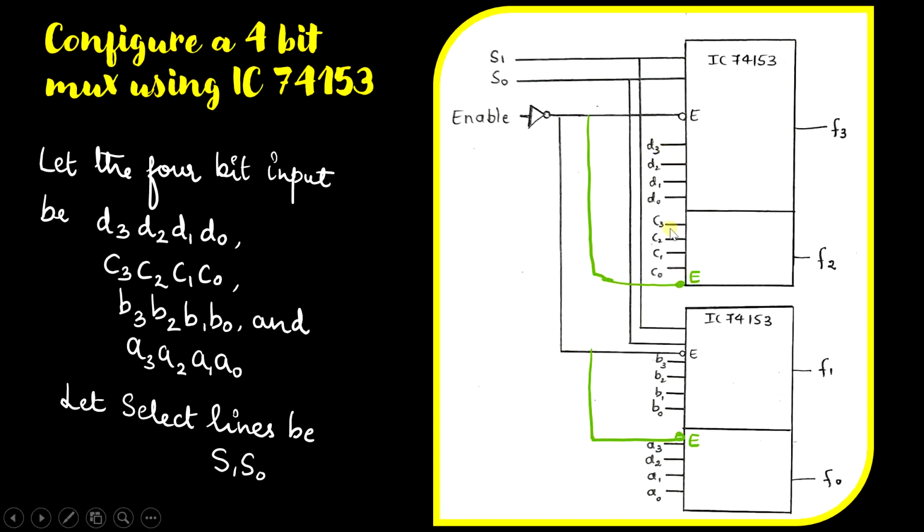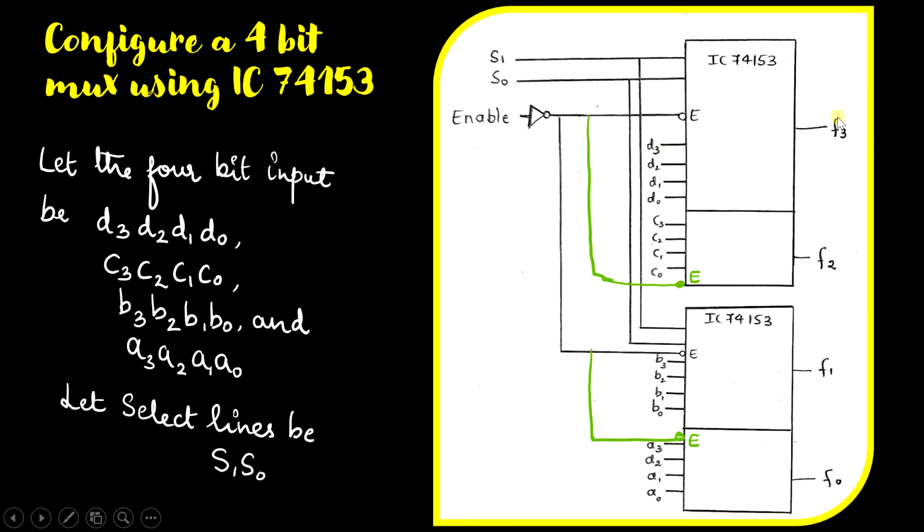Here you can see that you have a total of how many bits? You have D3, D2, D1, D0, C3, C2, C1, C0, B3, B2, B1, B0, A3, A2, A1, A0. Bits are 4, okay? Bits are 4, but you have different combinations of select inputs. So you have F3, F2, F1, F0.